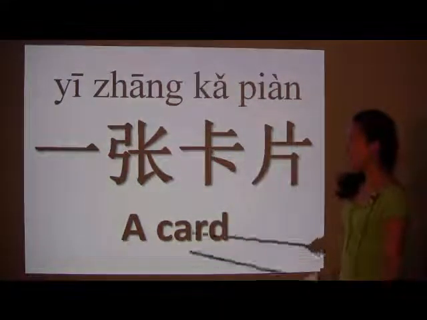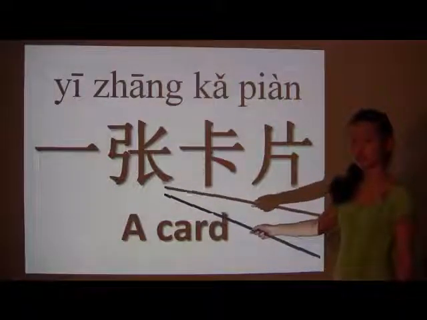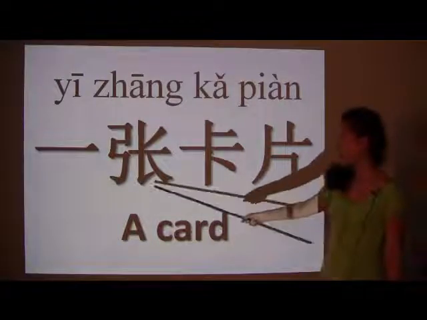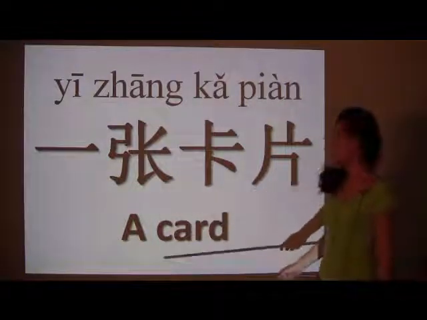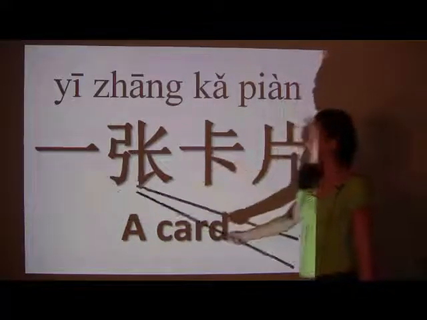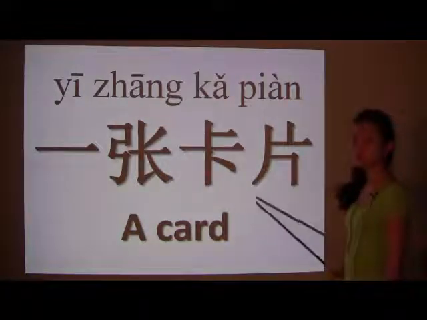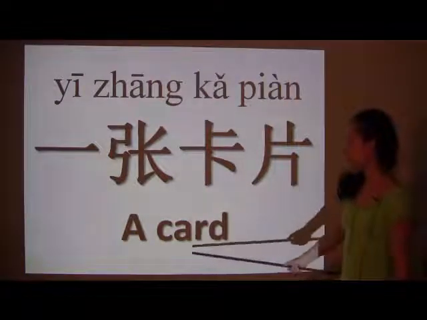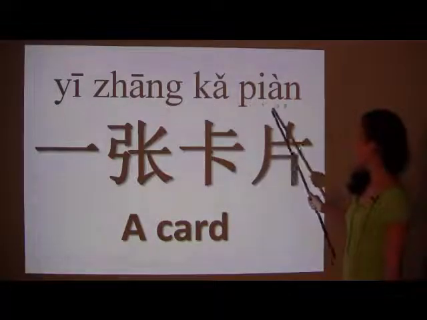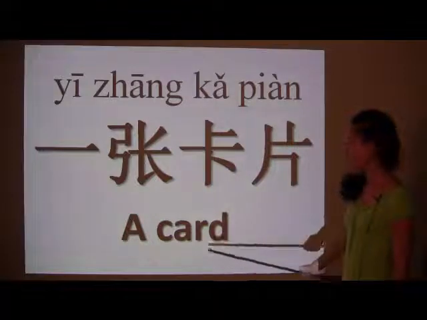Now, I said that paper and paper products work for 张. So a card is a paper product, and you would use this article again. So, a card. 一张卡片. 卡片, 2 characters mean card.